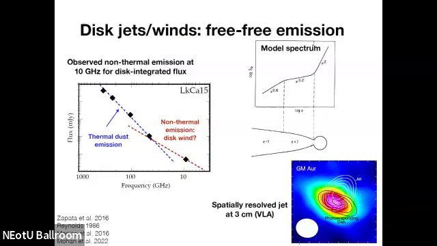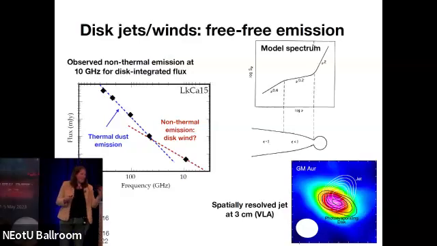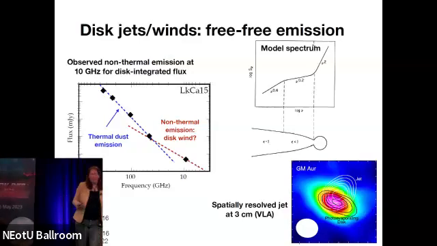And this is essentially what is predicted from jet models, from free-free models, where the spectral index becomes close to zero from the optically thin part of the jet. And there is one spatially resolved emission image at 3 centimeter shown for the GM Aurigae disk over here. But in general, this kind of study is still rather limited.